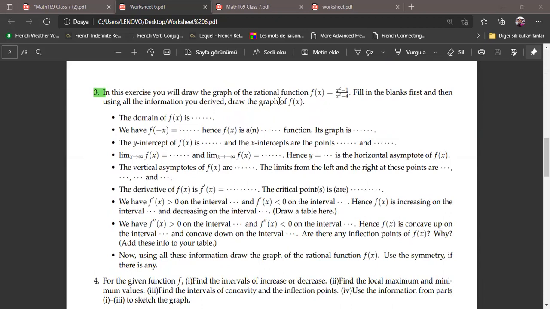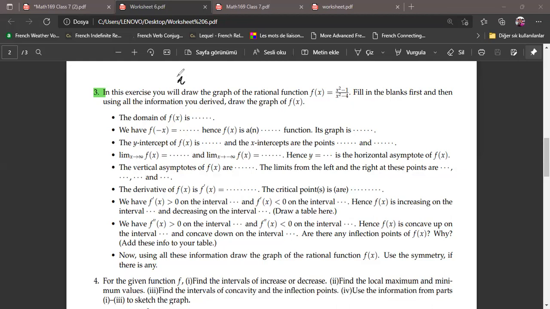So what about this? Now, what's the domain of the function? We're given this function, f of x is x squared minus 1 over x squared minus 4. The domain contains the points in real numbers on which the function is defined, right? This function is not defined when the denominator is 0.